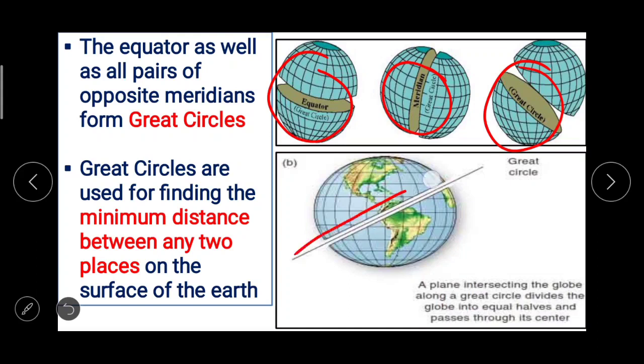Here now again, if you observe, you can understand easily. A plane intersecting the globe along a great circle divides the globe into equal halves and passes through its center. So it is useful for finding the minimum distance between any two places.